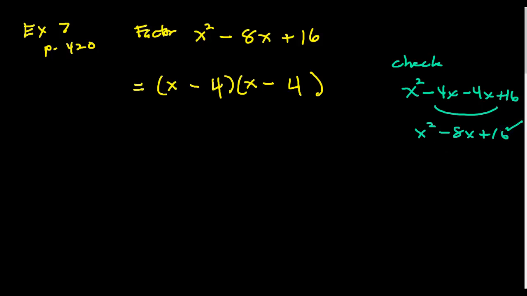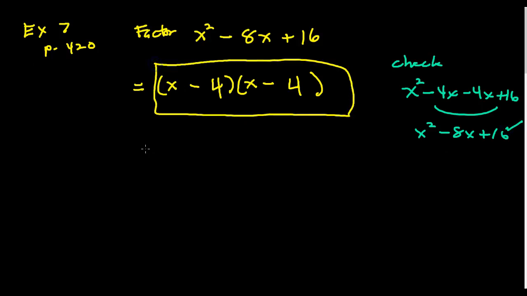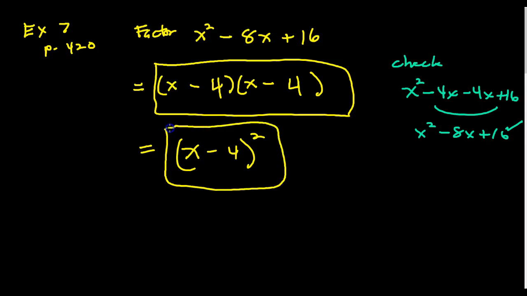All right, so our final answer, x minus 4 times x minus 4. Notice that these two factors are identical, so I could write this as the square of x minus 4. Could I not? Either of these answers is wonderful, and both are certainly equivalent.